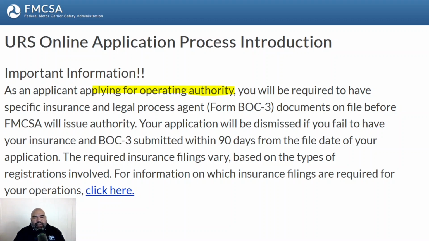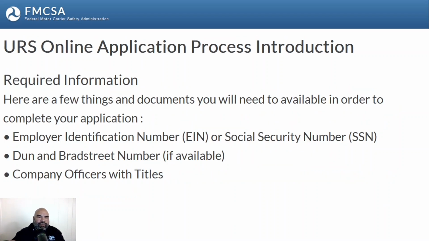But what they've done now is combined it into this one system to not only make it easier for y'all, but also for you to pay for your authority without having to go through two separate websites. But that did change, and that's again another reason that I'm doing this video.